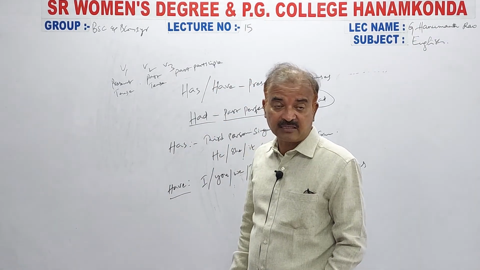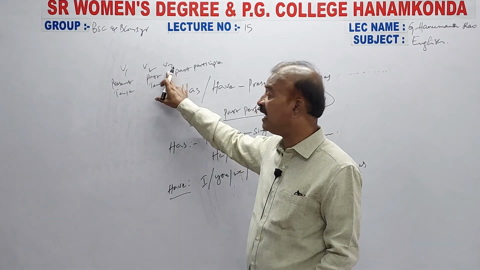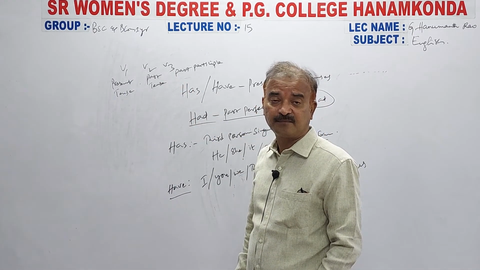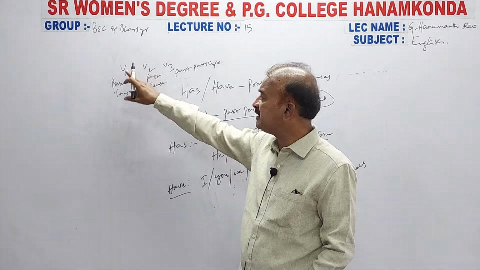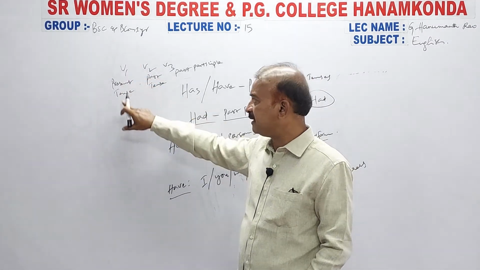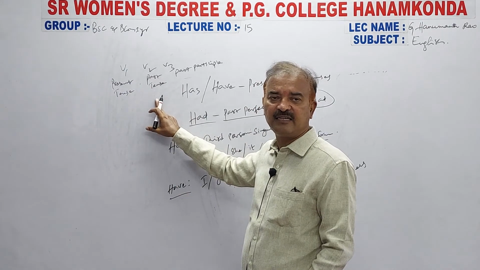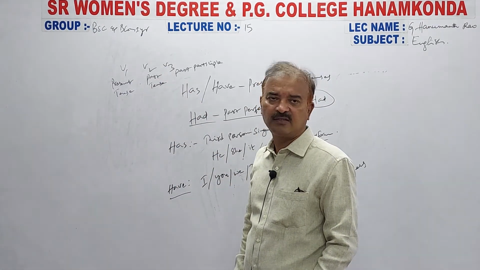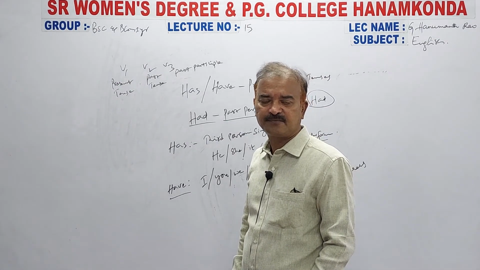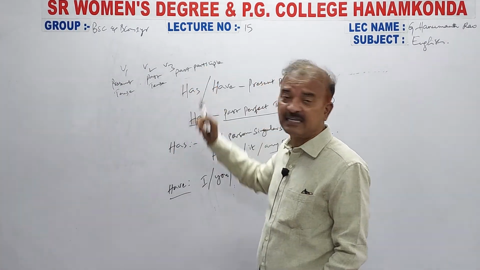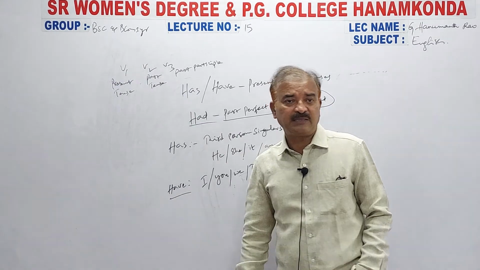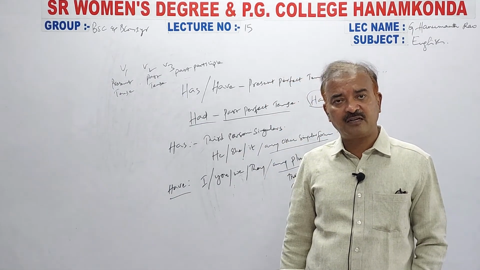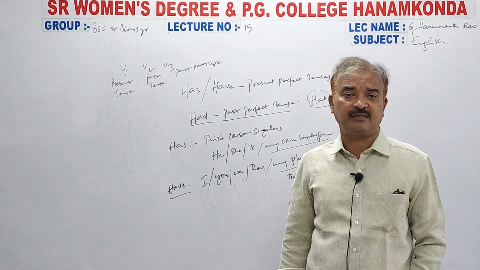Several times I came across a different answer when asked what is this V3. Many students said V1 is present tense, V2 is past tense, which is okay. But when it came to V3 form, they said future tense. No, that is not future tense. That is past participle. And what is past participle? Combination of verb and adjective.